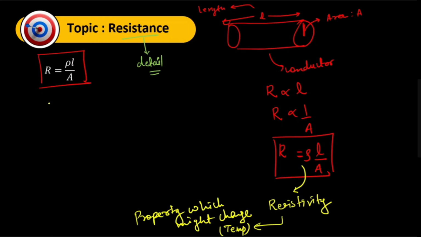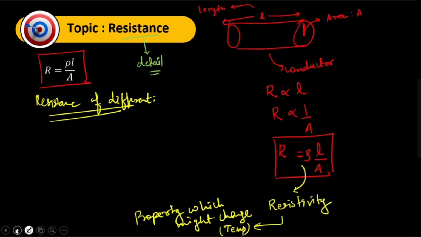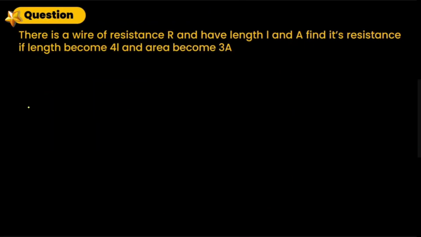So we will try to calculate the resistance of different materials using this relation and some variations. So there is a question for you based upon that relation only. Remember it, rho L by A. Can you think over it?